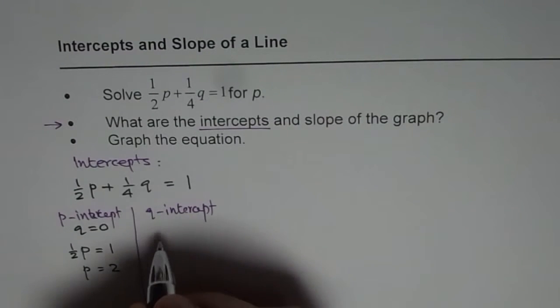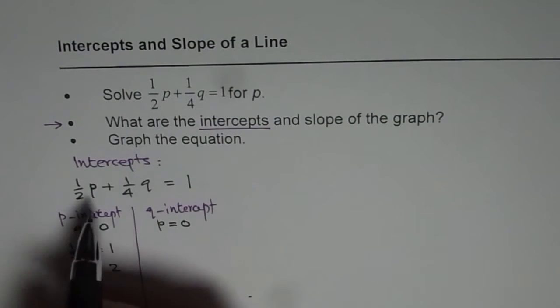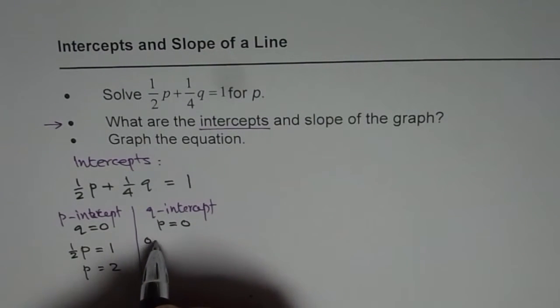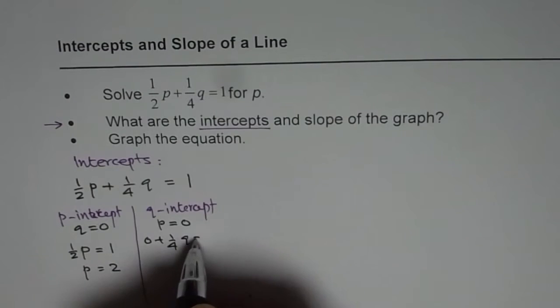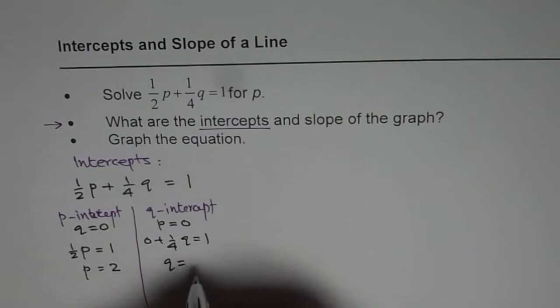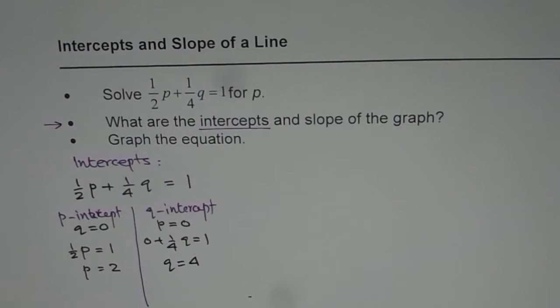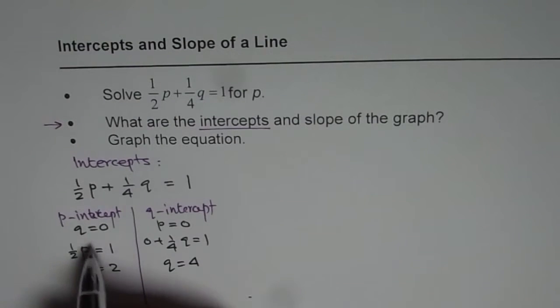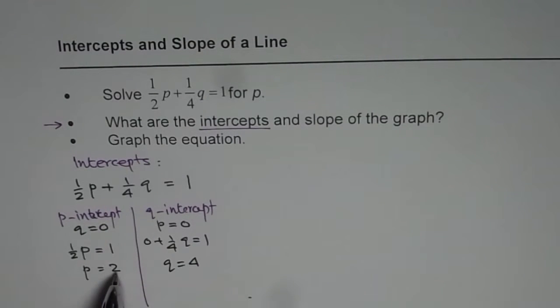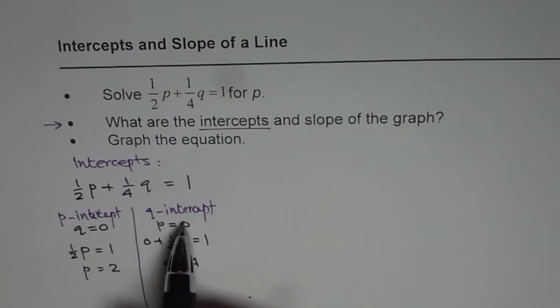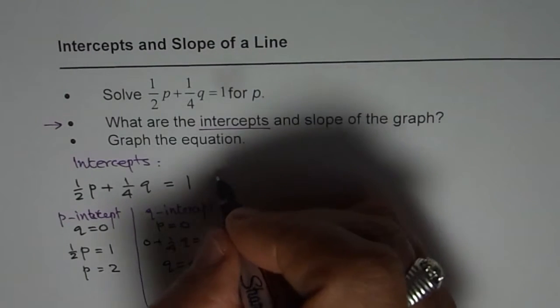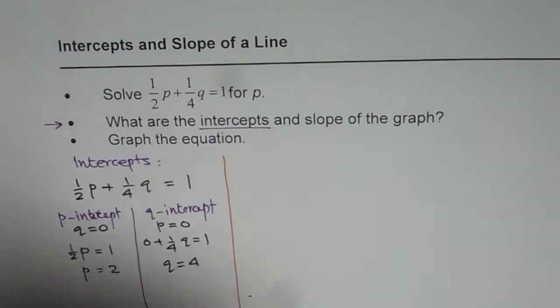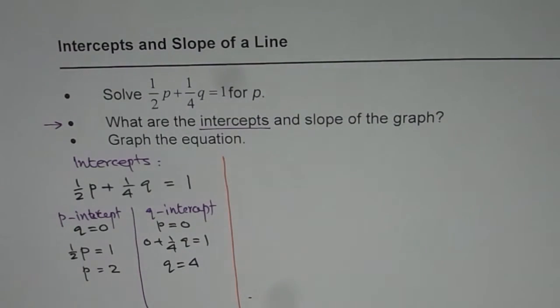At the q intercept, p has to be 0. So I substitute 0 here, and I get 0 plus 1/4 of q equals 1, or q equals 4. So I get my intercepts as p equals 2, q equals 0, and here p is 0, q equals 4. That is the first part, which is half of the solution of the second part, okay?